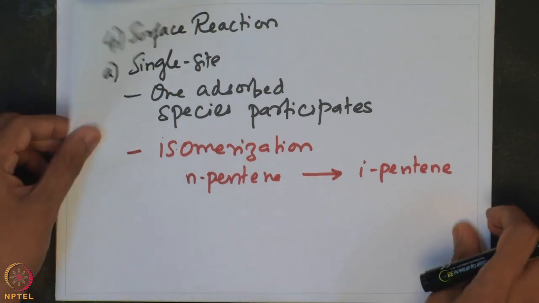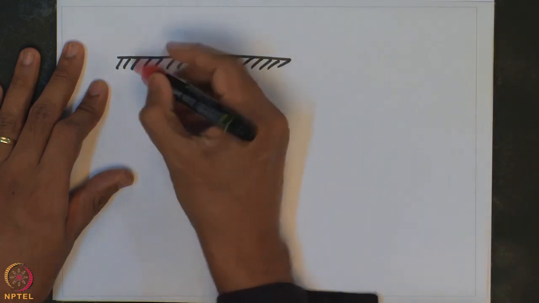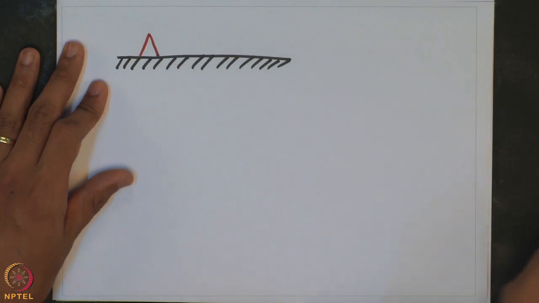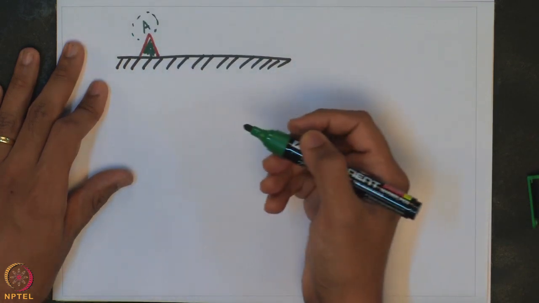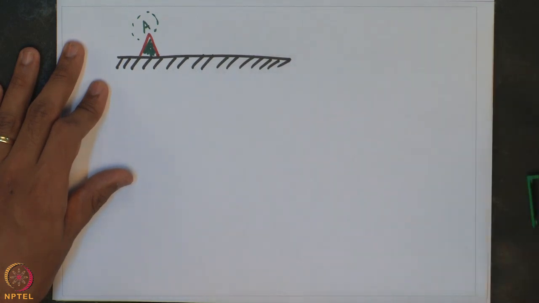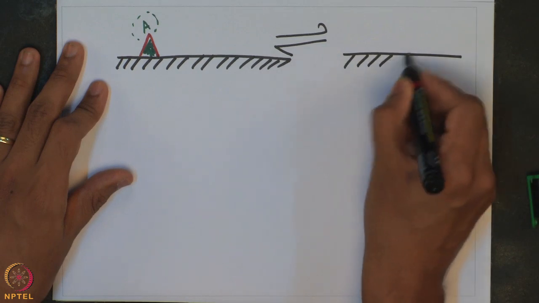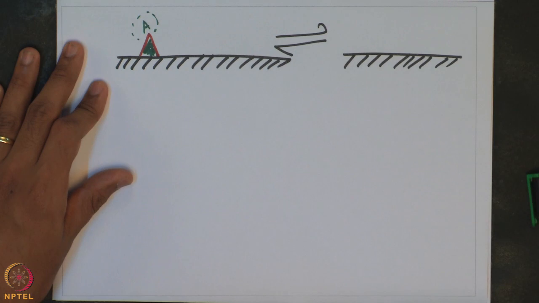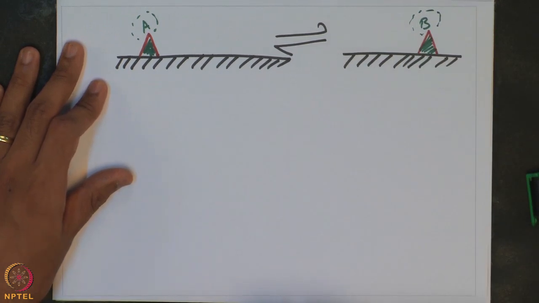So, one can depict this process. Let us say that we have a catalyst surface and this is the site at which species A is present, and this can actually reversibly get converted, let us say isomerized in this case, if we look at specific example, or in general it gets converted into the product species, and after it gets converted into the product species, the species continues to remain adsorbed onto the catalyst site.